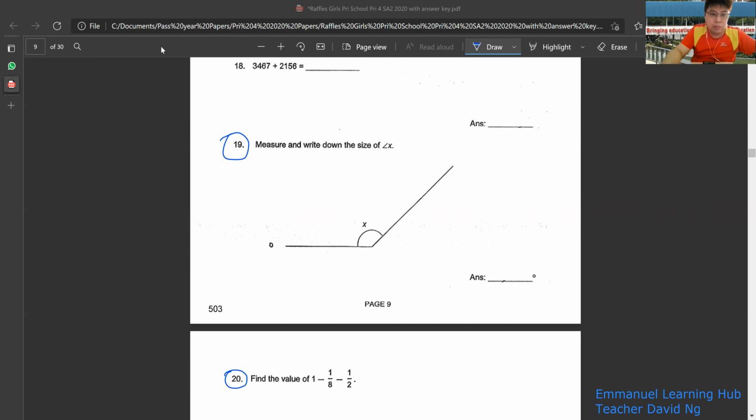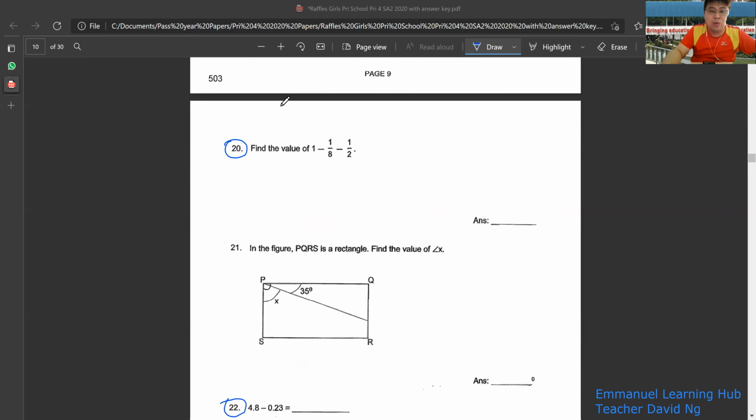Okay, 20. What is this value? What is 1 whole minus 1 over 8? 7 over 8. So 7 over 8 minus half, what do you have?